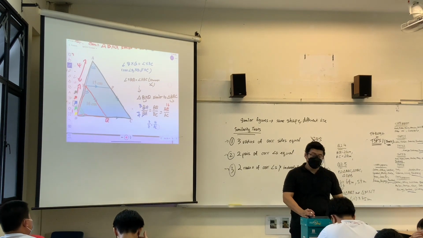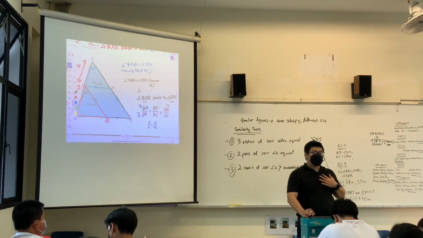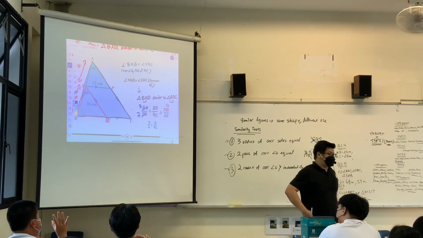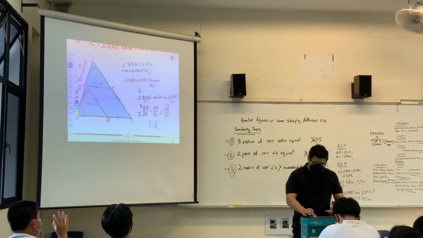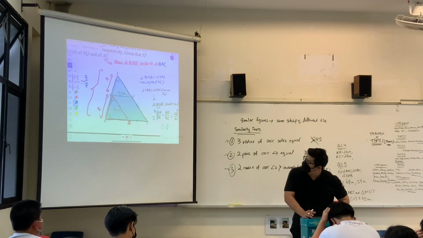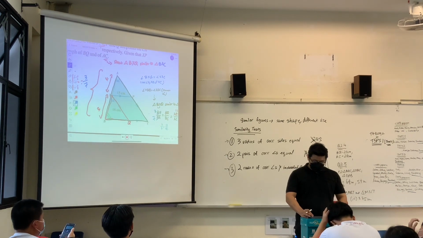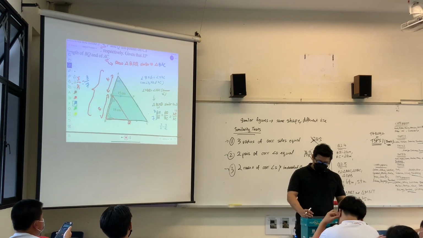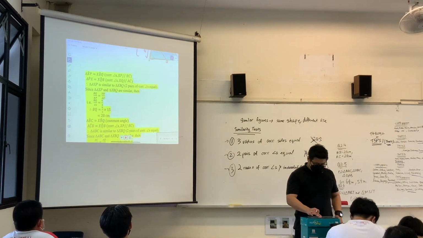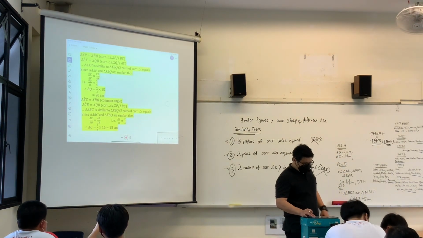Make sure when you listen to me, you listen as though you want to reproduce it yourself. Sorry, it's not 28. 7 times 16 divided by 3 is not 28. Let me check my answer.